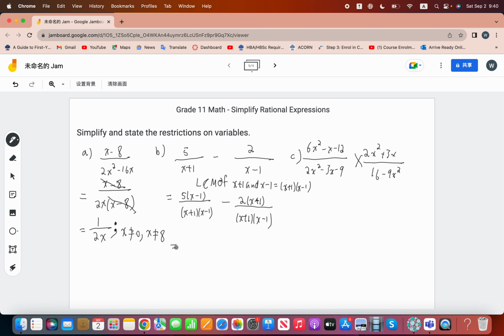Now I'm going to use the distributive property to simplify the top of each fraction. So it's going to be 5x minus 5 over x plus 1 times x minus 1, minus 2x plus 2 over x plus 1 times x minus 1.